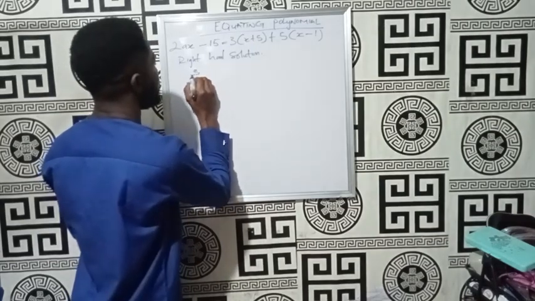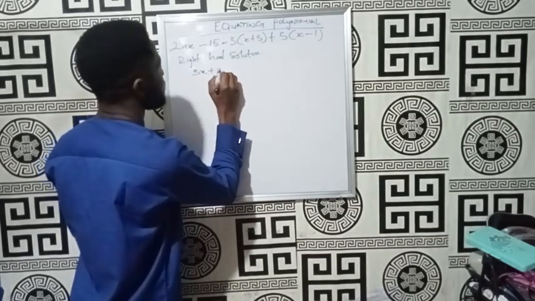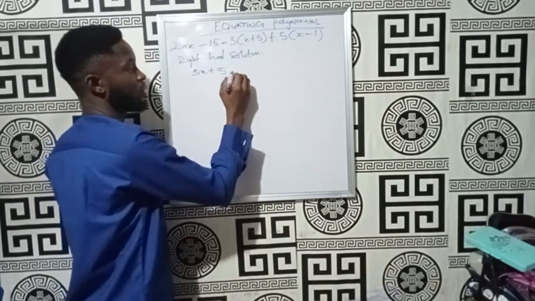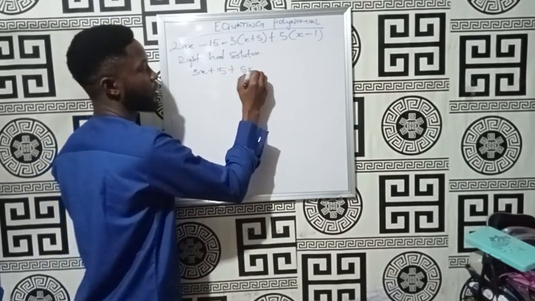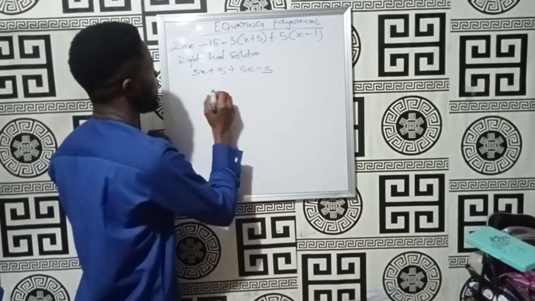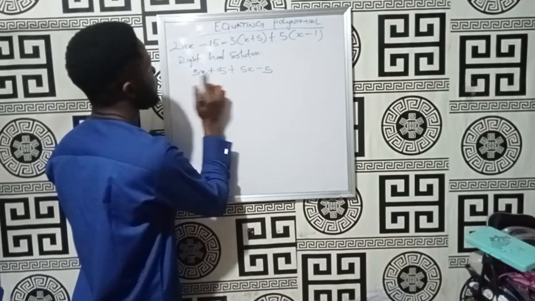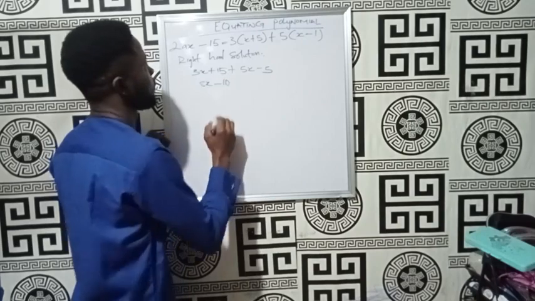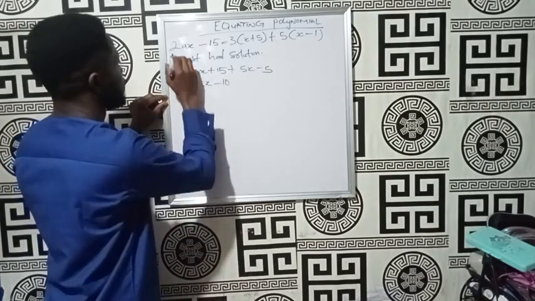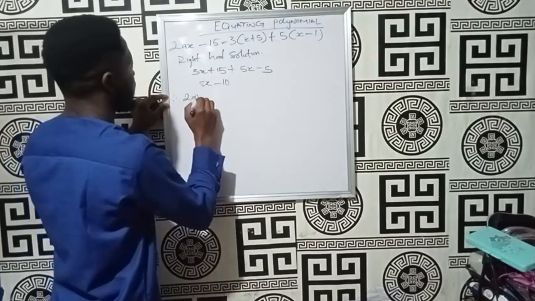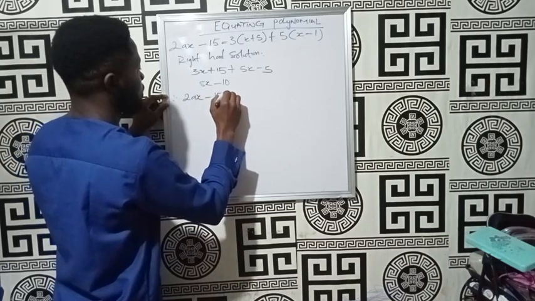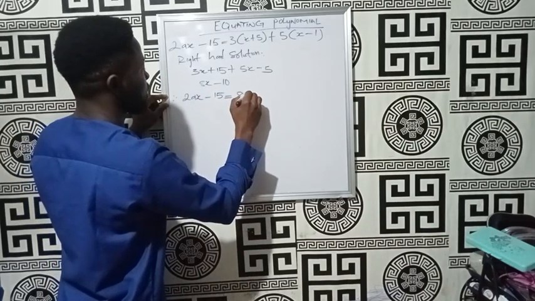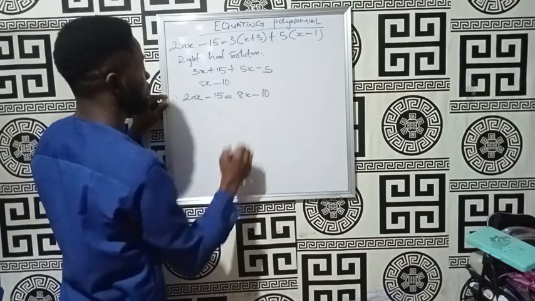So we have 3x plus 15 plus 5x minus 5, right? So we'll have 8x minus 10. So therefore we'll say 2ax minus 15 is equal to 8x minus 10, right?